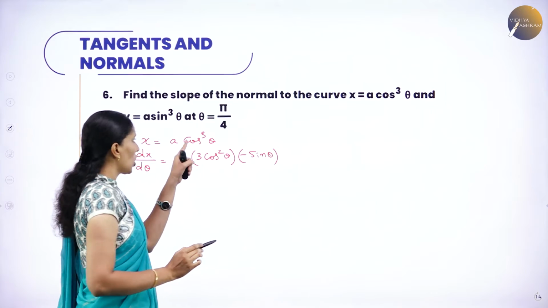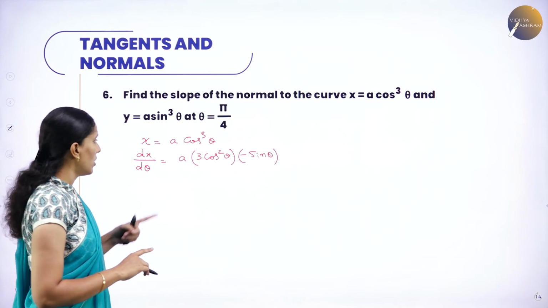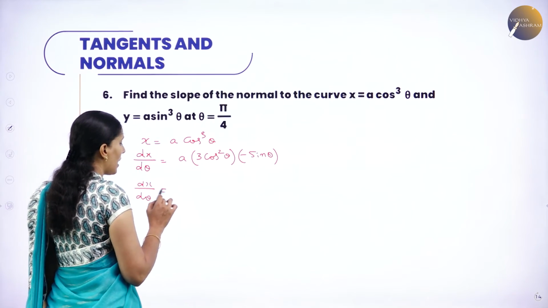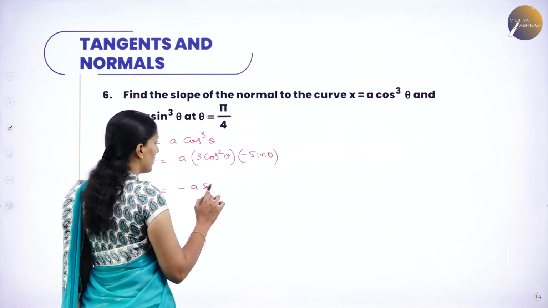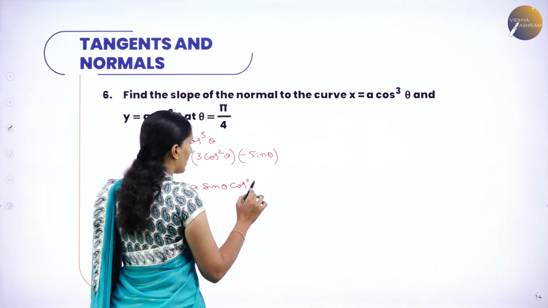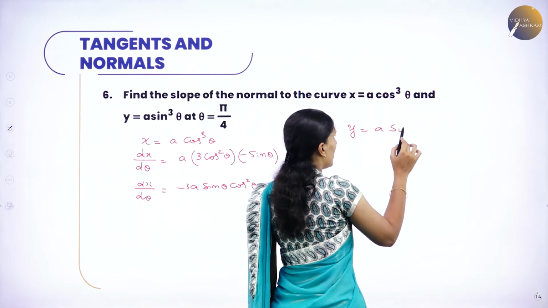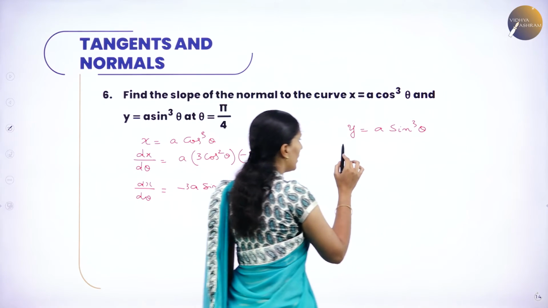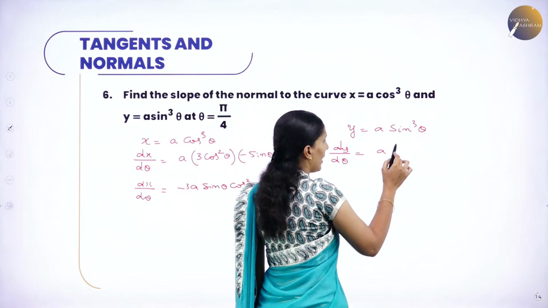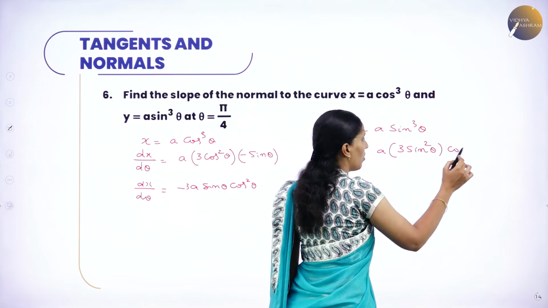Apply the chain rule. For cos cube, first reduce the power, then differentiate the function. So therefore, dx by d theta can be written as minus 3a sin theta cos square theta. Similarly, y is given as a sin cube theta. So therefore here dy by d theta is a into 3 sin square theta into cos theta.